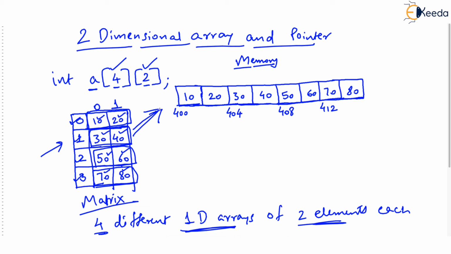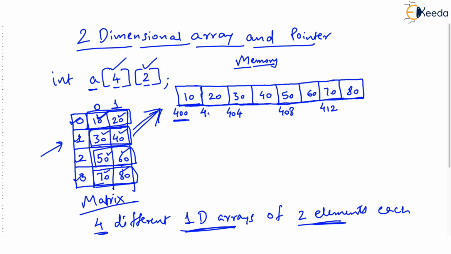So if you show this representation in the memory, they are in a sequence of bytes. If you imagine that this entire two-dimensional array is stored from location 400, and also imagine every integer consumes 2 bytes, then the first value, 10, is going to consume 400, 401, 2 bytes.